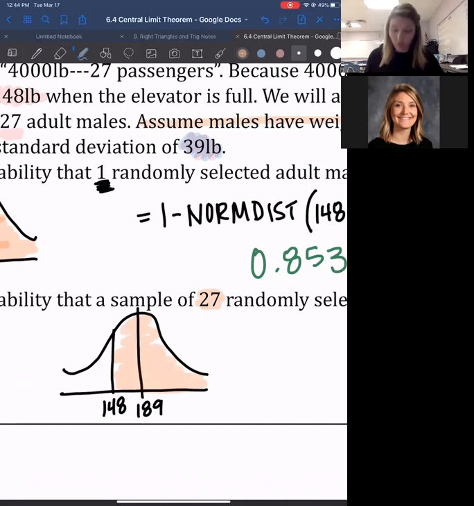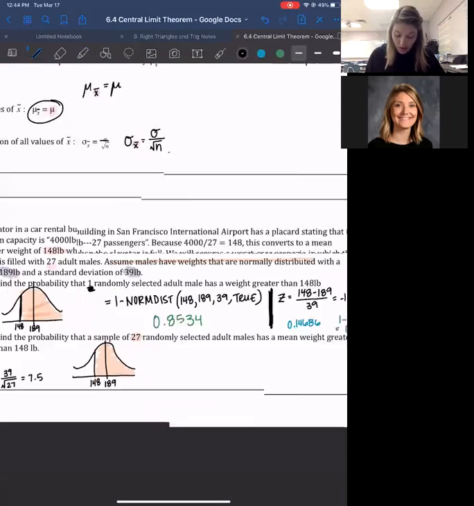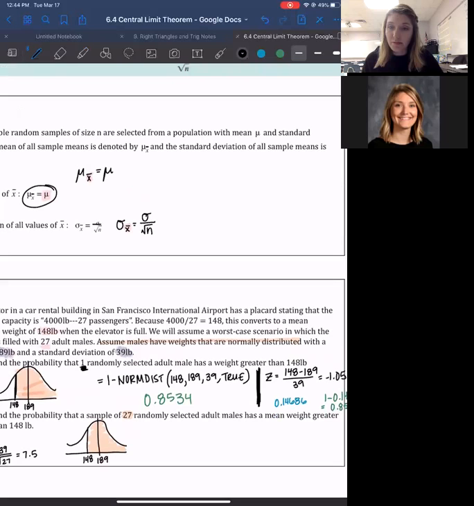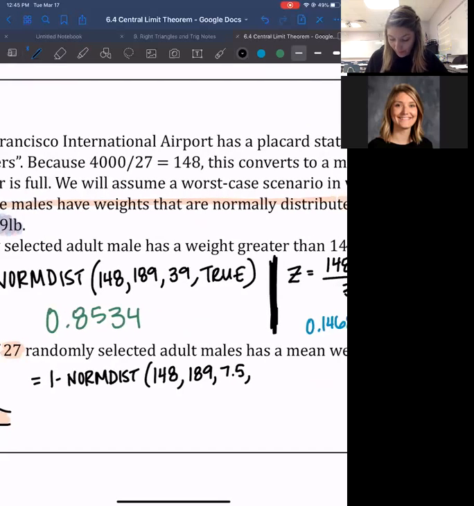We want to see what's greater than 148. But instead of putting in 39 as my standard deviation, now I'm going to put in 7.5. So I can still use the same formula in Sheets, NORM.DIST, 148, 189. Instead of 39, now I'm going to put 7.5.